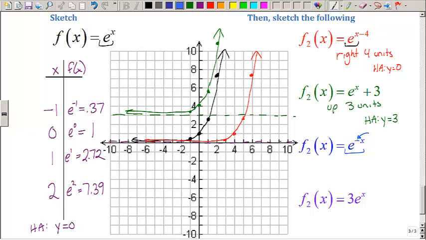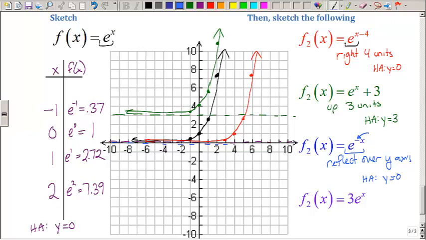But in this case, I have a negative in front of the x, not the whole function, but only the x in the exponent, which tells me I'm a reflection again, but this time I'm reflecting over the y-axis. If I take my horizontal asymptote of my parent function y equals 0, which is the x-axis, and reflect it over the y-axis, well, the left side of the x-axis will reflect to the right side, and the right side is going to reflect to the left side, and so my horizontal asymptote really just stays the same.